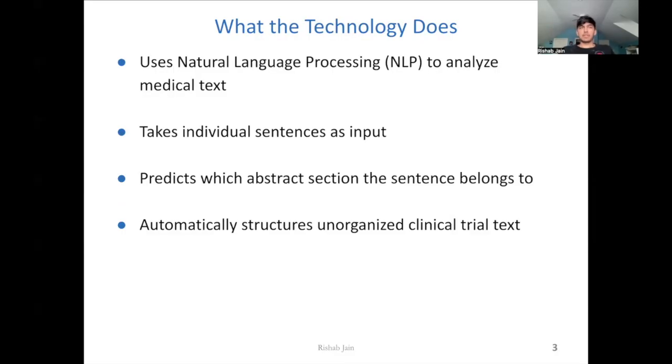So at a high level, it basically processes and analyzes medical sentences and can predict which abstract section each sentence belongs to. Each sentence is treated as a standalone input, and the model outputs one of the 5 section labels. So this allows unstructured or semi-structured medical text to be automatically organized into a structured abstract format.